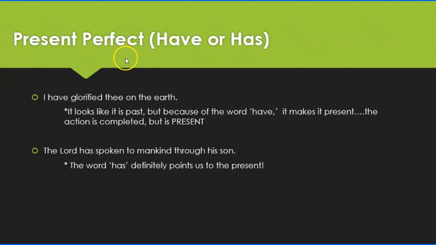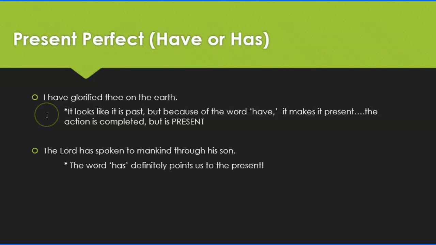So we're talking about present, and then we have the word perfect. It's a completed action. So if you think perfect, something is completed. You see a lot of this language when you have something that went on for a long time and then is completed, but you'll see through some of the examples what we're talking about.